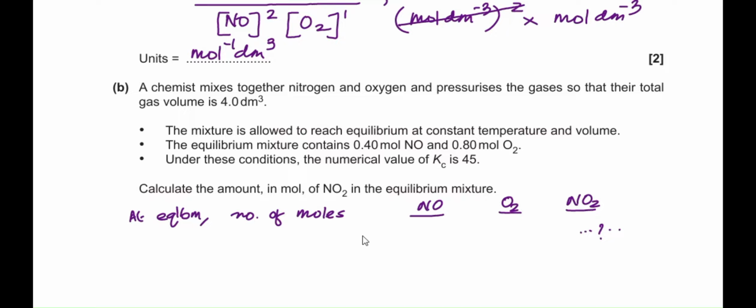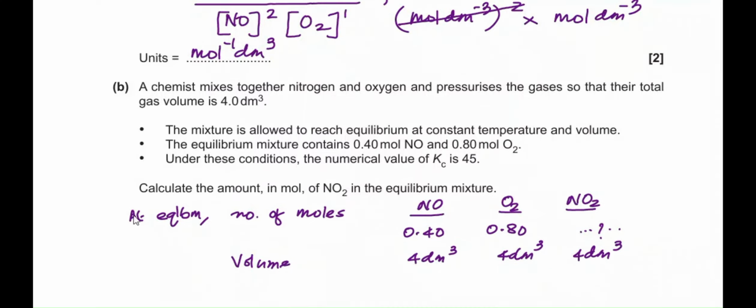Let's put a question mark. In the case of NO, it is 0.40 moles, and oxygen is 0.80 moles. Okay, now we need to figure out the concentration from this, so we need volume. So volume is equal to 4 dm cubed. Same here and here also.